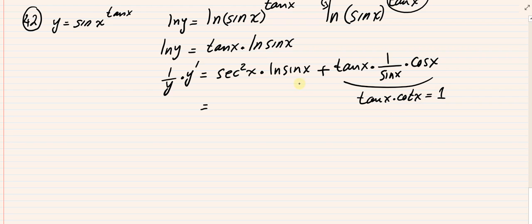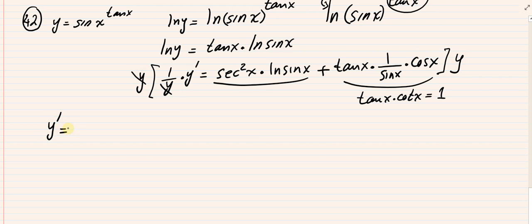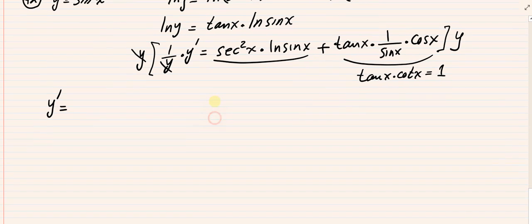I just have to work on this part, which I can write as the natural log of sine x. I'll also have to multiply both sides by y. This way, the y on the left crosses out, and we have solved for y prime, which is what we want to do here. We want to find the derivative.